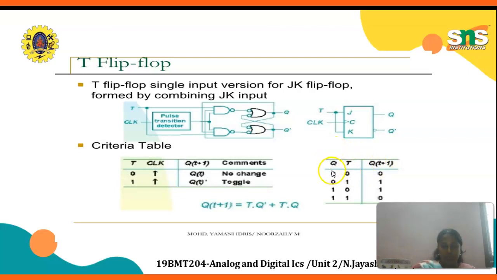If T equal to 0, the output is in the same state, that is Q of t plus 1 is the same as Q. If T equal to 1, the output toggles, 0 to 1 or 1 to 0. This is the characteristic equation: Q of t plus 1 equals T Q bar plus T bar Q. So thank you all. We will see in the next class.